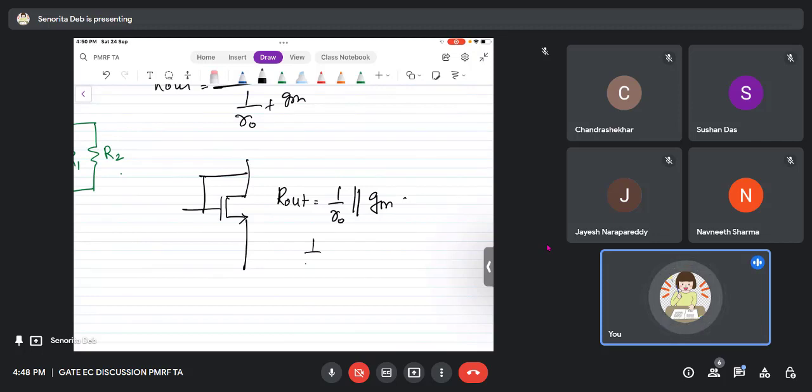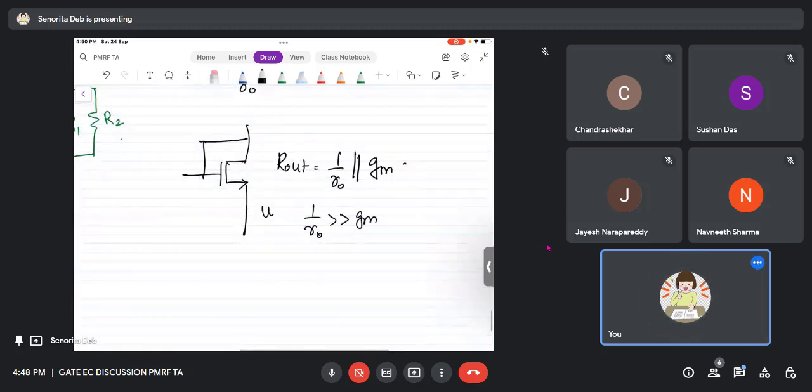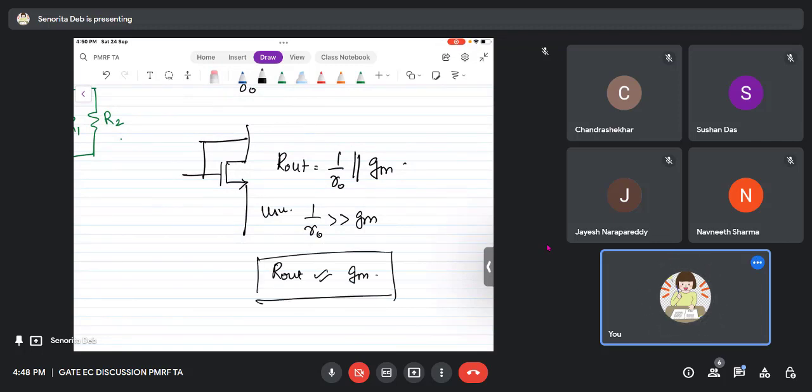Okay, and since 1 by R naught is a higher value than GM, normally 1 by R naught will be greater than GM usually, therefore R out turns out to be approximately equal to 1 by GM. This you should remember. Is this fine?